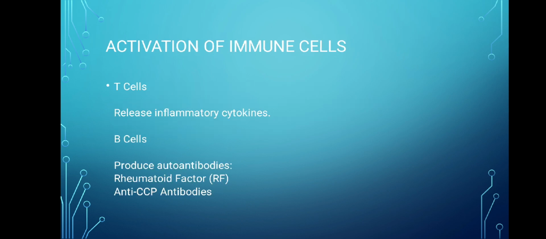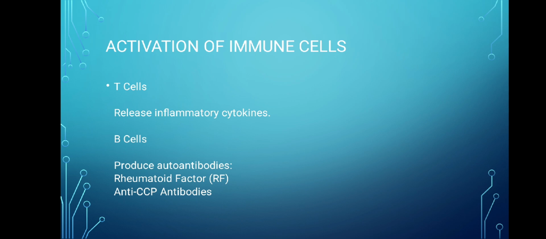Activation of T cells and B cells. Activated T cells migrate into the synovial membrane and release inflammatory cytokines. These cytokines stimulate B lymphocytes. The activated B cells produce autoantibodies, mainly rheumatoid factor.